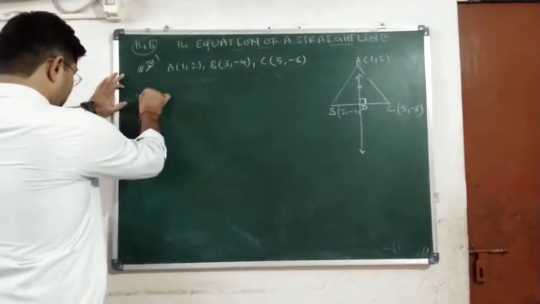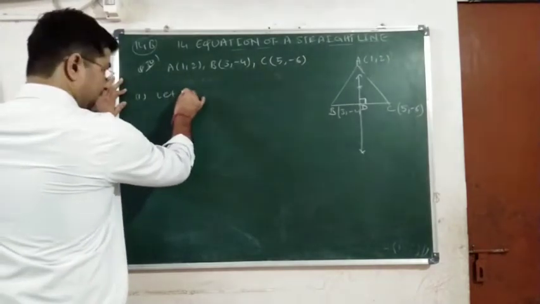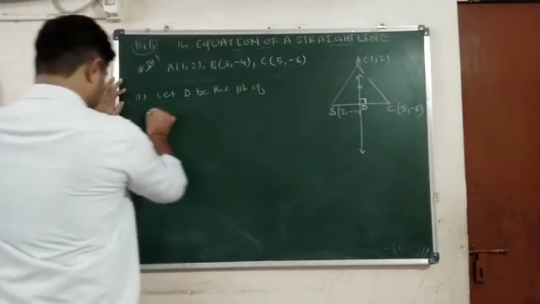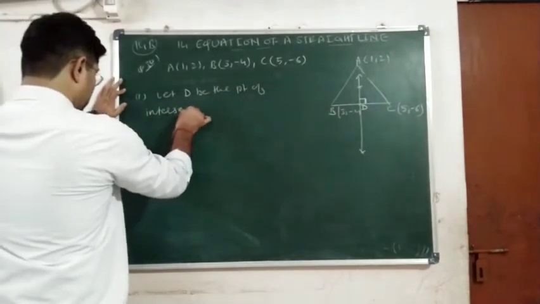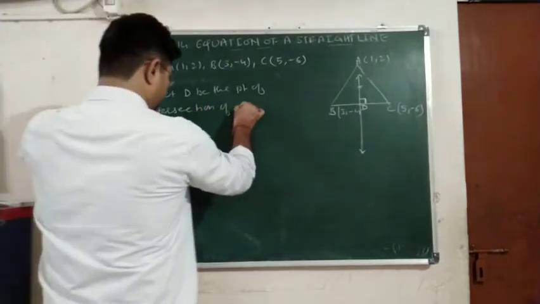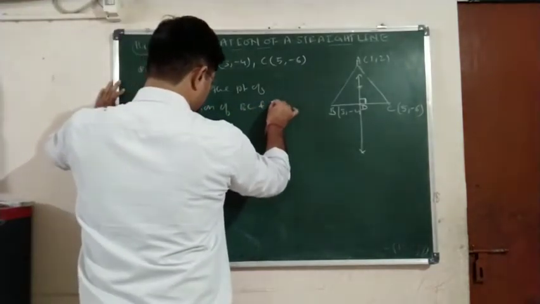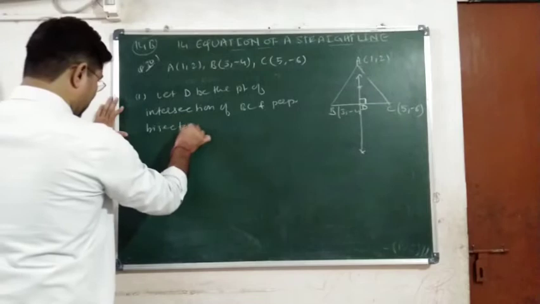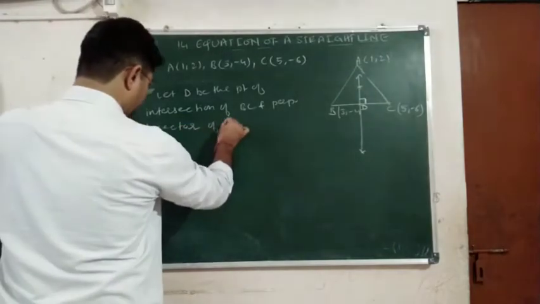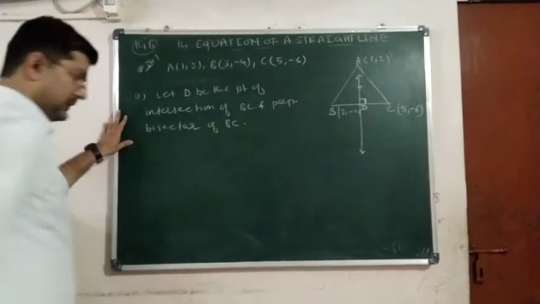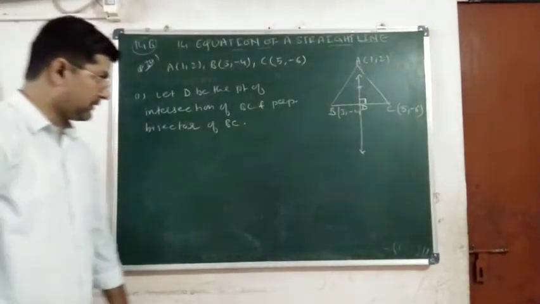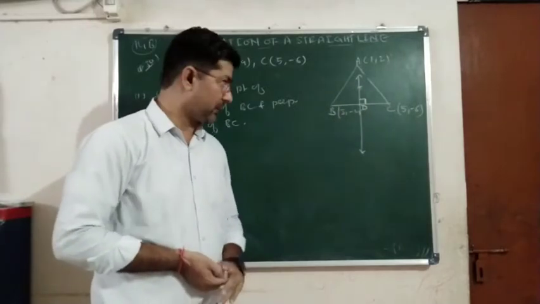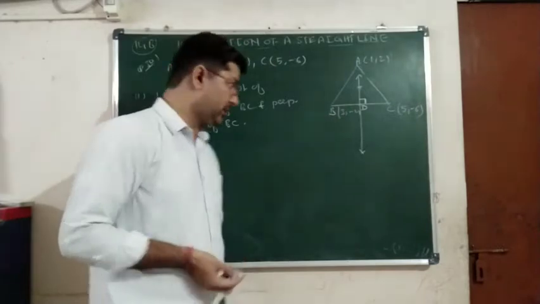So here number 1, we will write down, let D be the point of intersection of BC and perpendicular bisector or right bisector, anyway you can write, of BC. Clear? Okay, so now you have understood that D is the bisector of BC, so D is the midpoint. Clear? So we can calculate the coordinates of D.